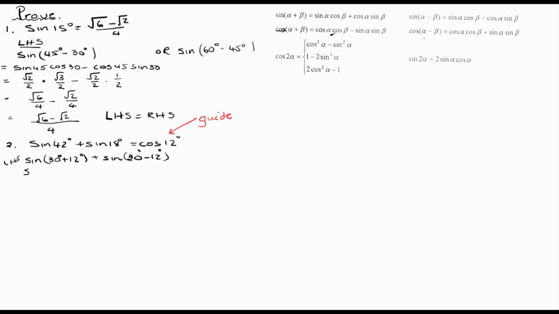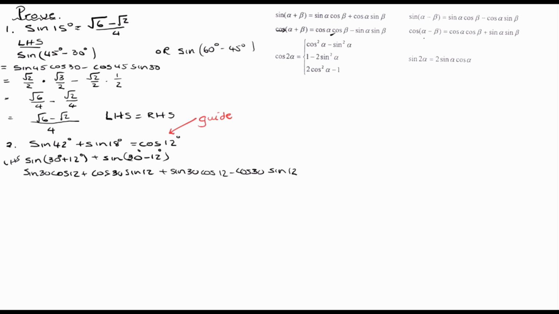So it's going to be sine 30 cos 12 plus cos 30 sine 12, and the other one is sine 30 cos 12 minus cos 30 sine 12.